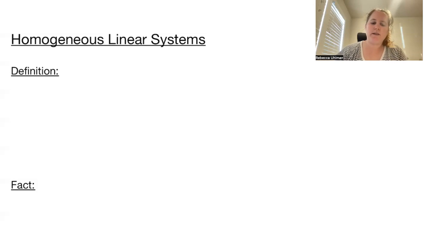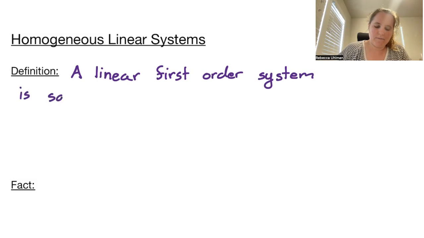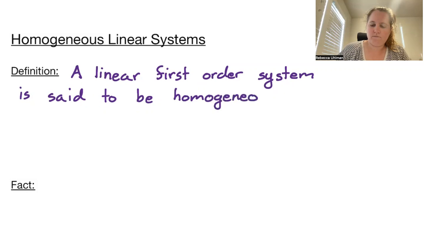Welcome to homogeneous linear systems. So, quick definition, a linear first order system is said to be homogeneous if the forcing function is identically zero.